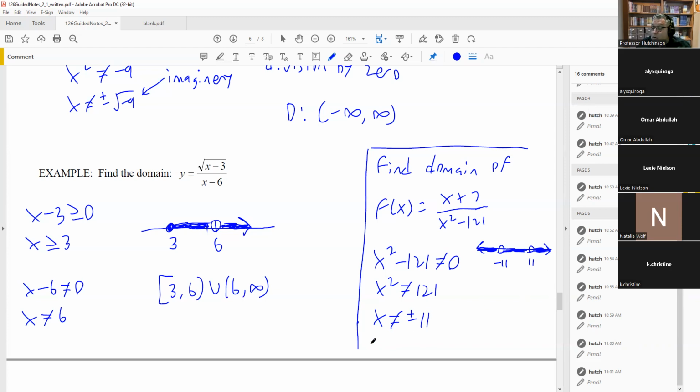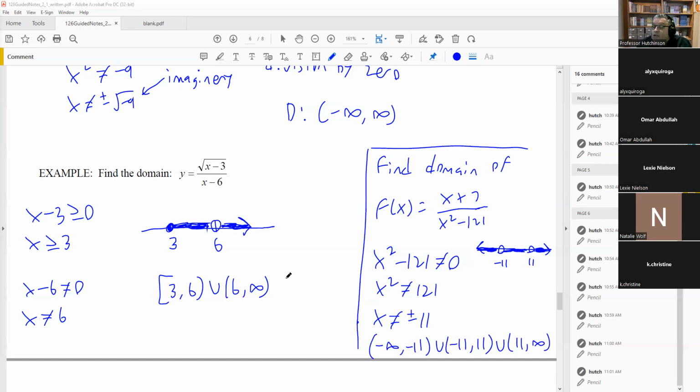So the domain I'm going to write at the bottom down here: I have negative infinity to negative 11, or between negative 11 and 11, or from 11 to infinity. That bottom line there, that's what I would put in for my domain. So we have to include all that.